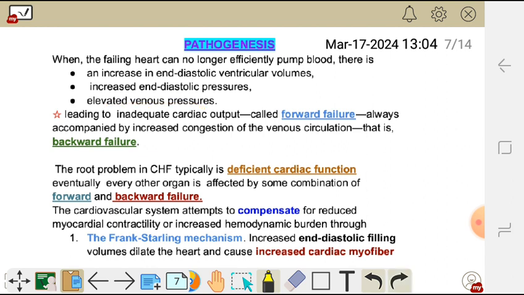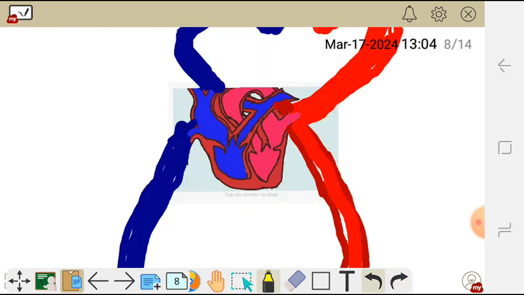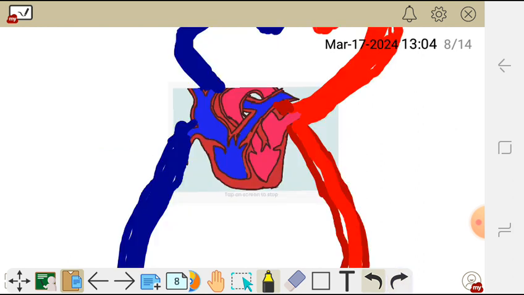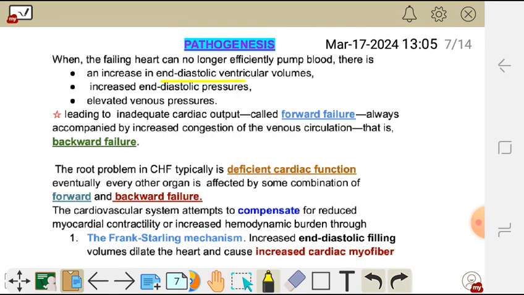Let's try to see what we are talking about here. If the heart is failing to pump blood, we are going to have an increase in end diastolic ventricular volume, and that will lead to increase in end diastolic pressure, and we are also going to have elevated venous pressure.